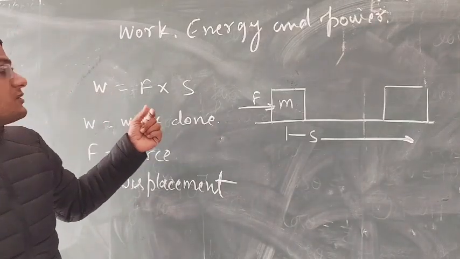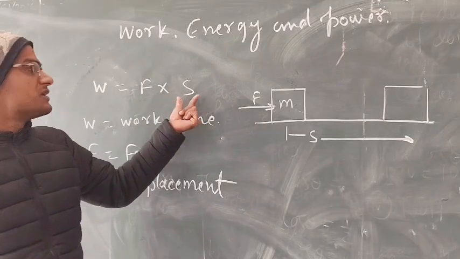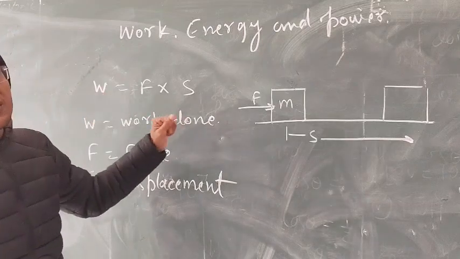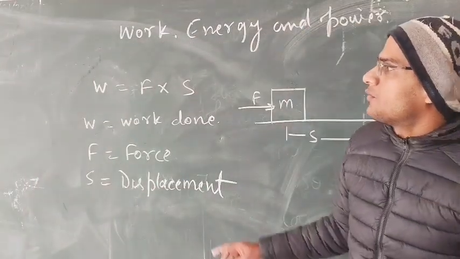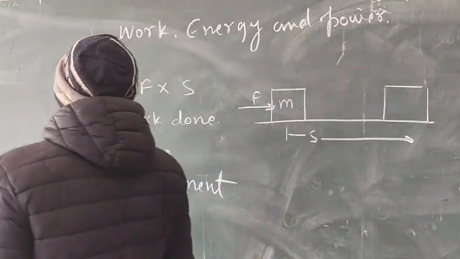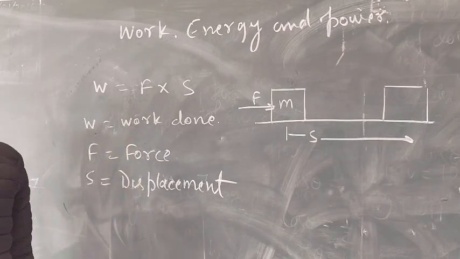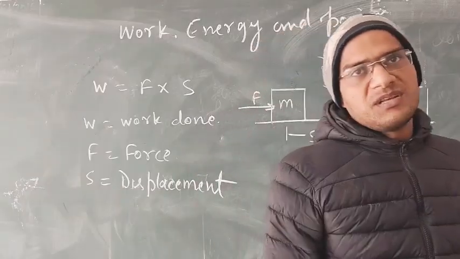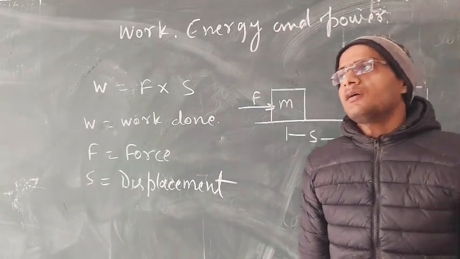Here the work depends on two factors: the force and the displacement. If any one of these quantities is 0, then the work done will be 0. Work is a scalar quantity and its SI unit is the joule.